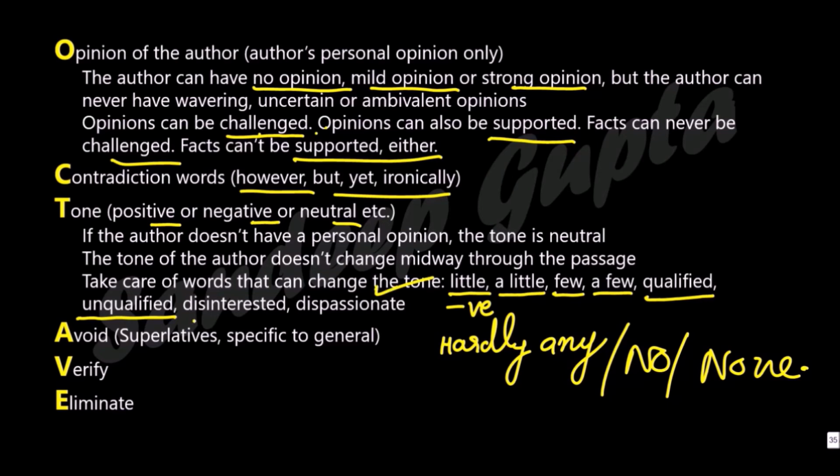The last two words actually sound negative but are neutral in tone. Both of them mean unbiased, scientific, and objective. For example, an umpire or a referee in a match must always remain disinterested in the match. But that doesn't mean the umpire or referee should not be interested in the match. It means the umpire or referee should remain unbiased, not taking sides.